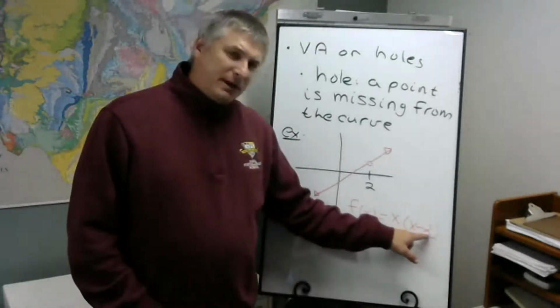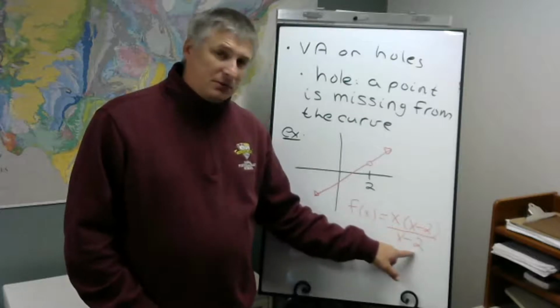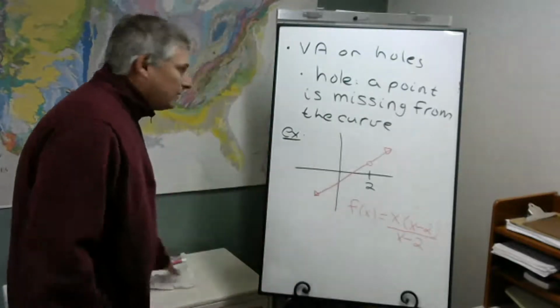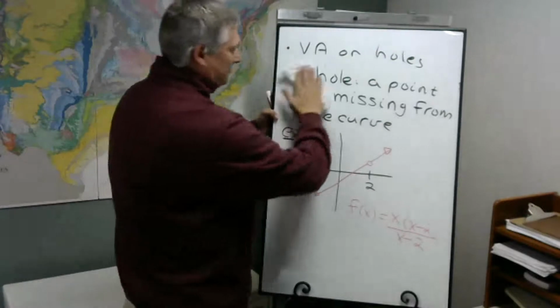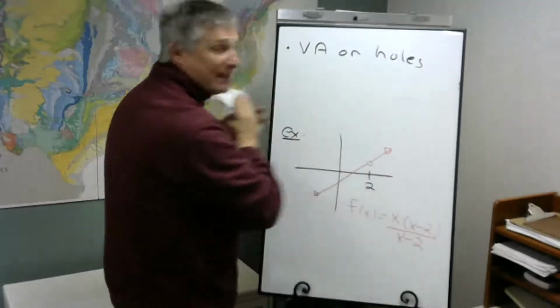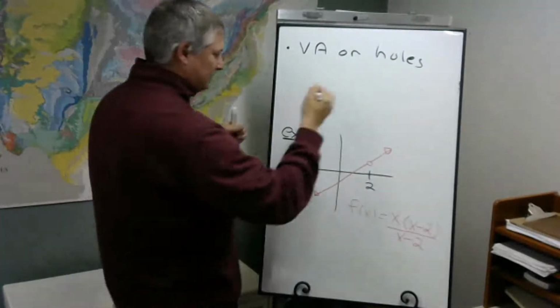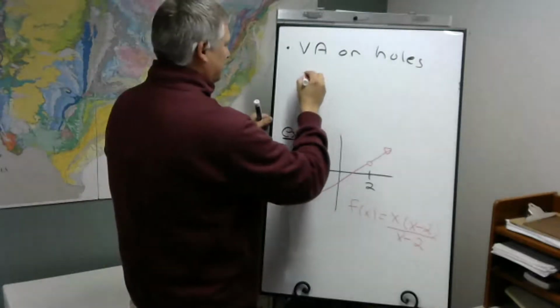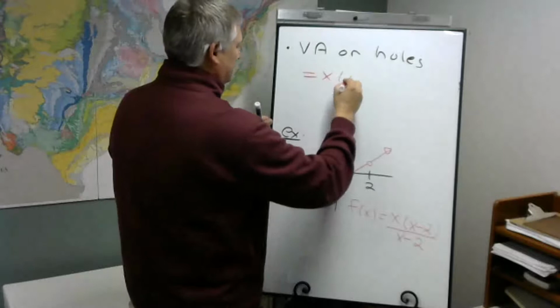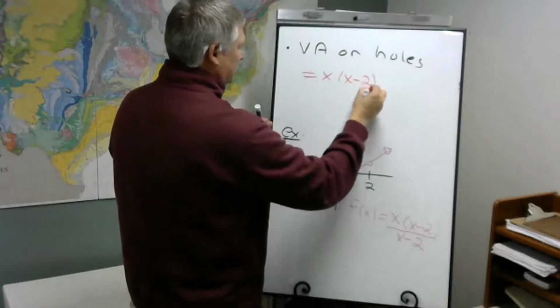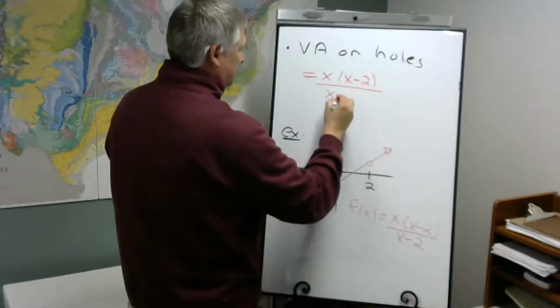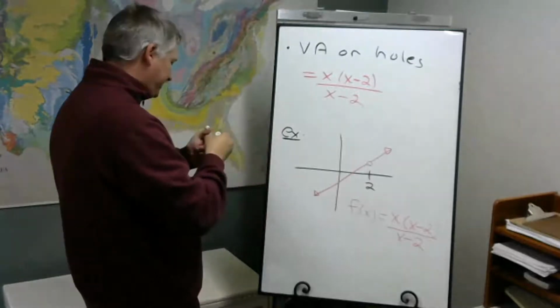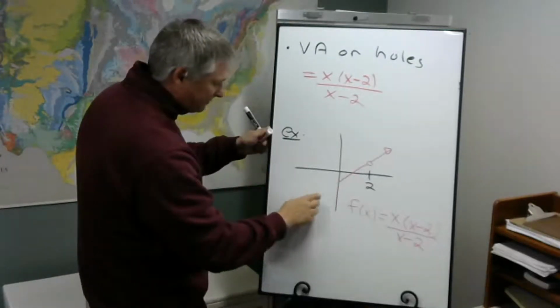You notice there's an x minus 2 up here and an x minus 2 down here. Well, that would certainly suggest that there's cancellation. So what we end up getting in here, let me check my graph here. My graph here is not completely accurate.